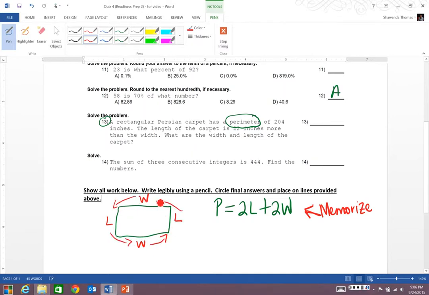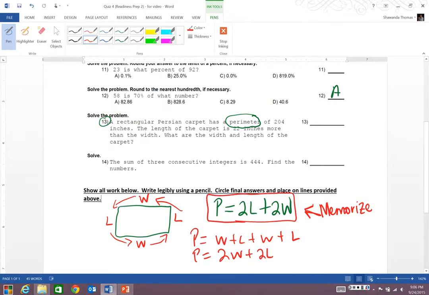If you add up all the sides, then P equals W plus L plus W plus L. And if you add like terms, you still get 2W plus 2L or 2L plus 2W. It's the same thing. But now let's solve the problem.